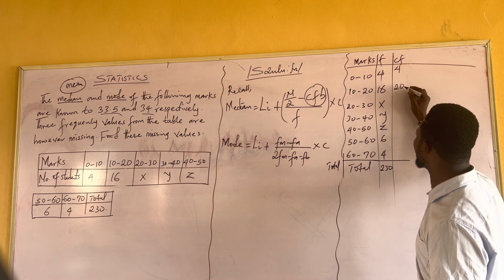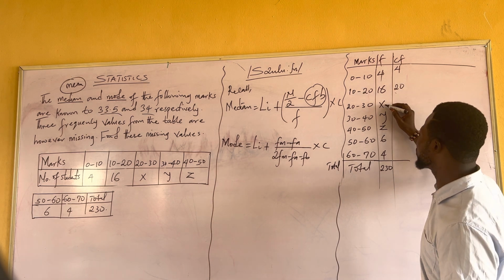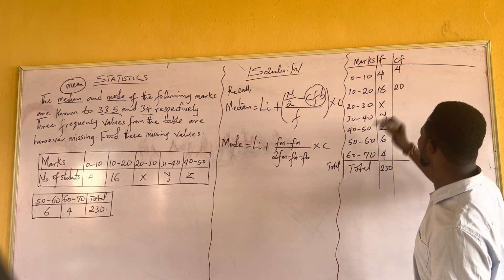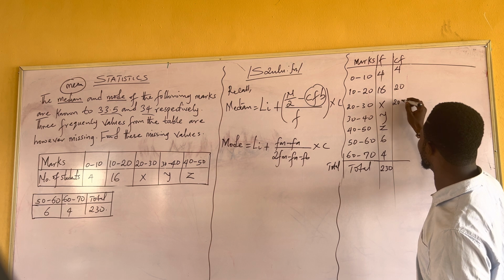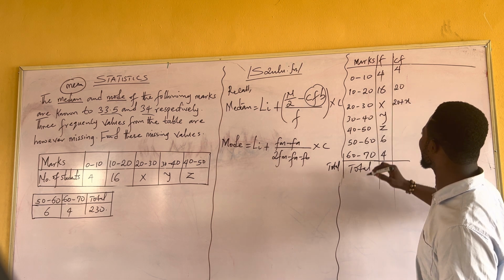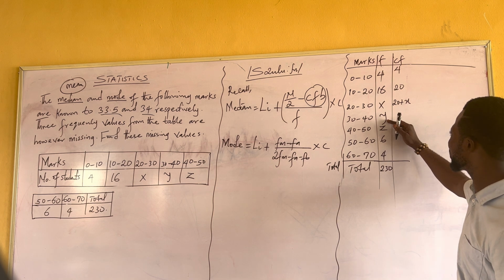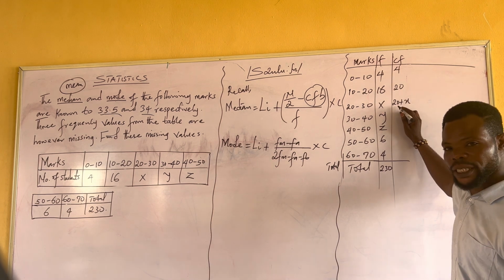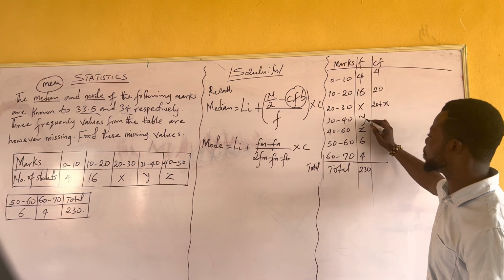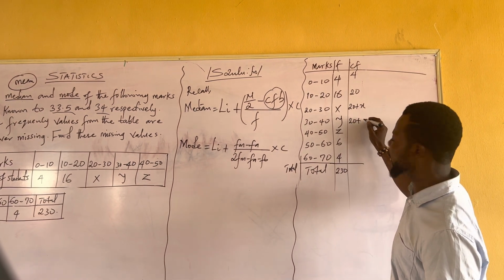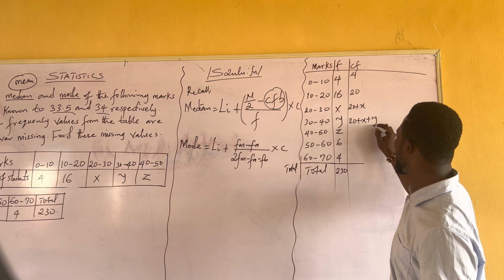So 20 plus x. So far we don't know the value of x, so it's going to be a mathematical expression like 20 plus x. Then we add the next frequency, so we have 20 plus x plus y.